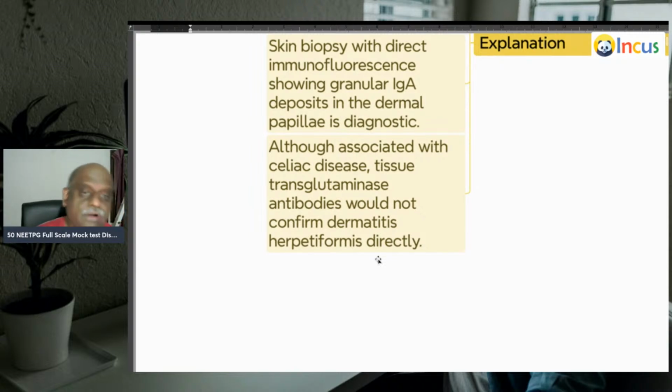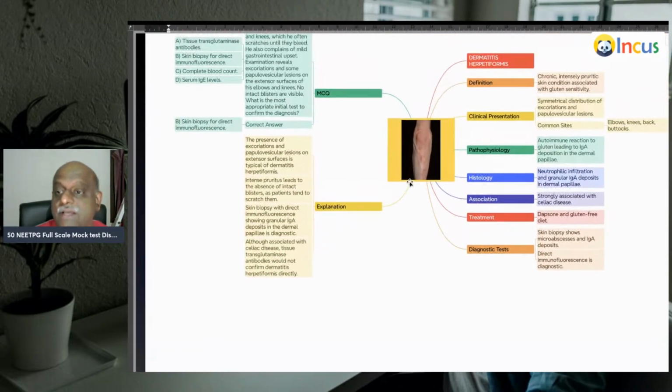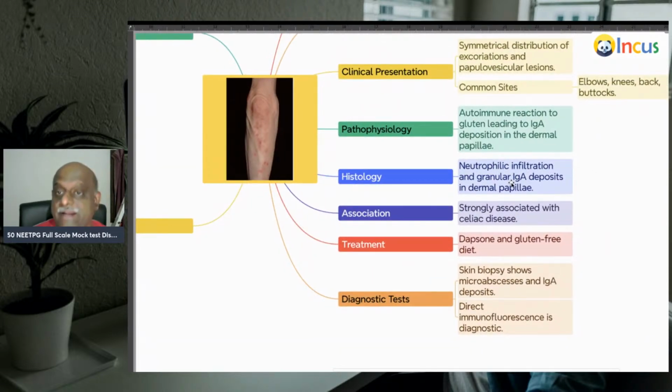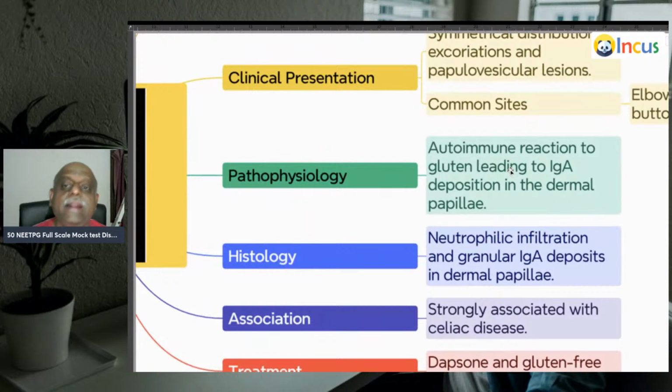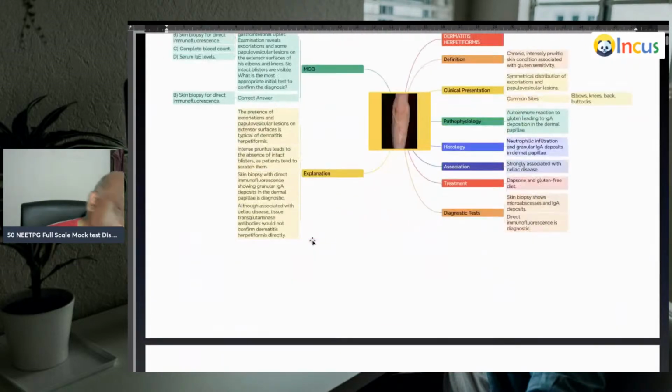Tissue transglutaminase antibodies do not confirm dermatitis herpetiformis directly, but it is strongly associated with celiac disease. It is an autoimmune reaction to gluten leading to IgA deposition in the dermal papillae that defines dermatitis herpetiformis, is what you need to remember.